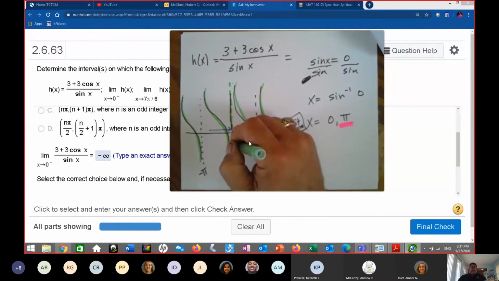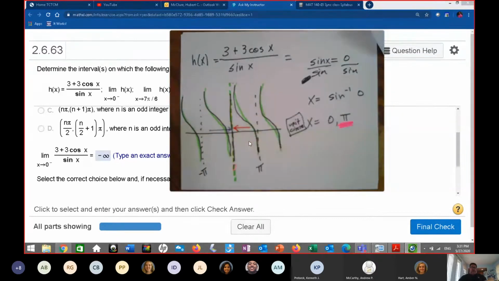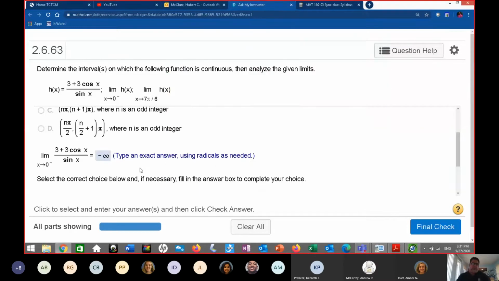Okay? Now they say negative infinity. I would argue, I would just say infinity, but they're saying negative infinity. I don't know why they're saying negative infinity. To me, it should be just infinity. I can't change it, but I guess that's the right answer. That's this answer down here.